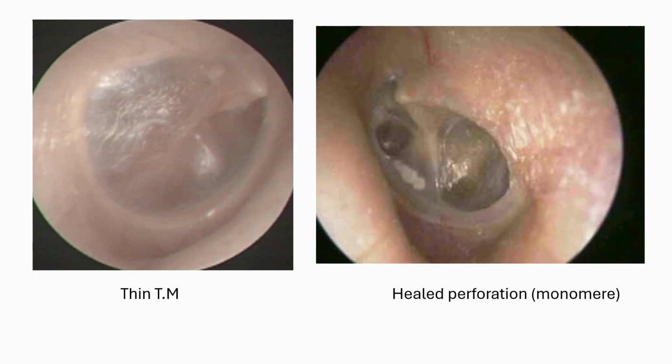So one cause, as I said, is ossicular discontinuity, where there will be a normal eardrum. But a thin tympanic membrane will appear like this and a healed perforation like this. So in these cases, the tympanometry may be normal or it may show an AD graph.